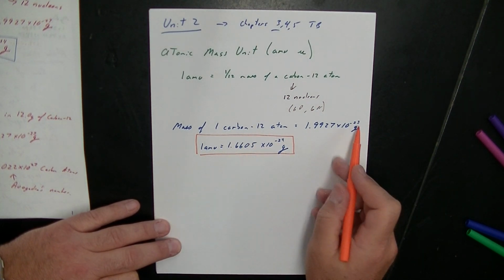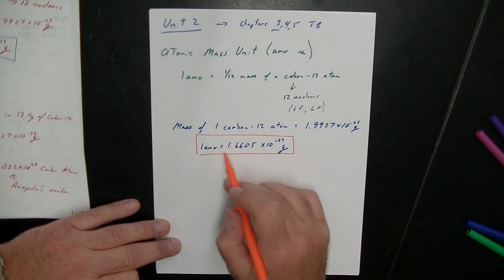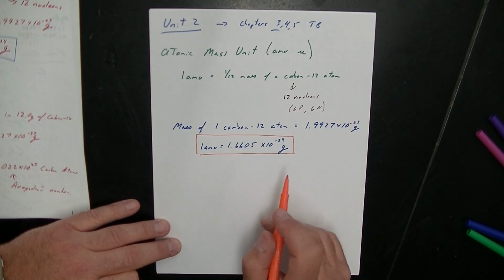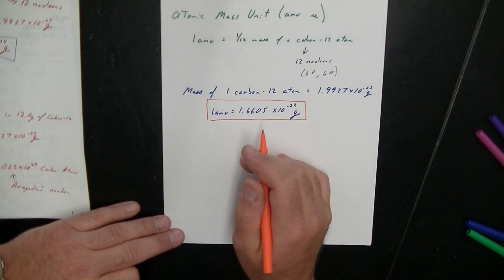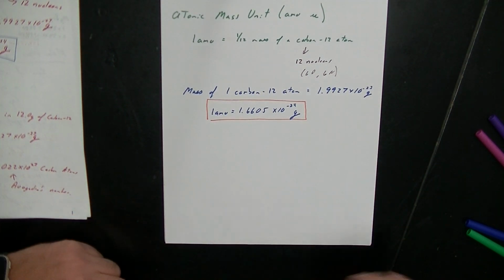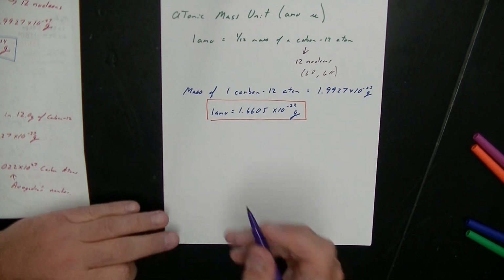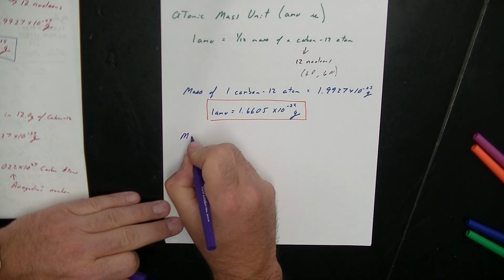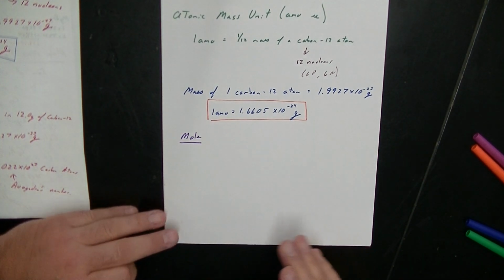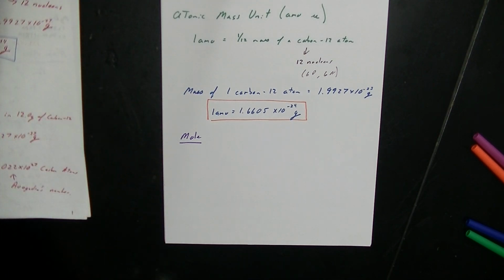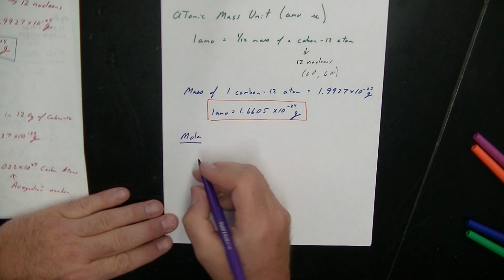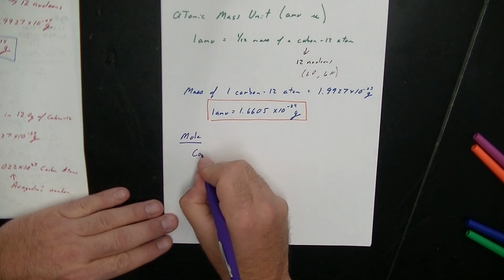Now these are really small numbers, but these exponents are a pain in the butt. And we tend not to like to do those. Okay, so we use a term called the mole. And all of you have used the mole before, but I do want to run through it with you a little bit. So a mole is what's called a collective noun.